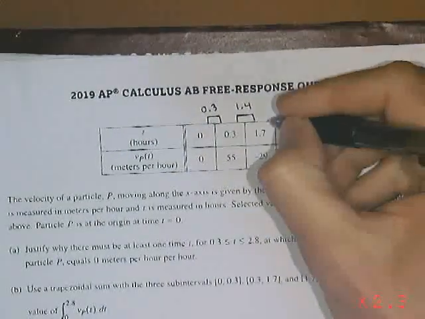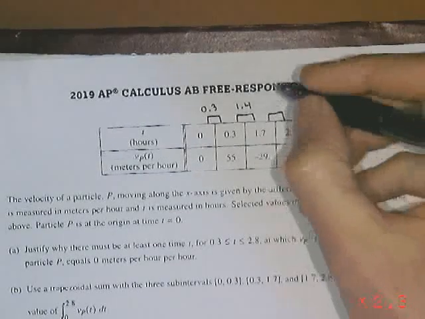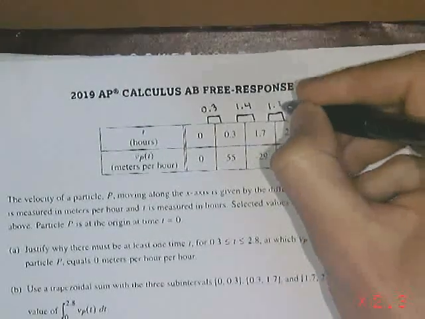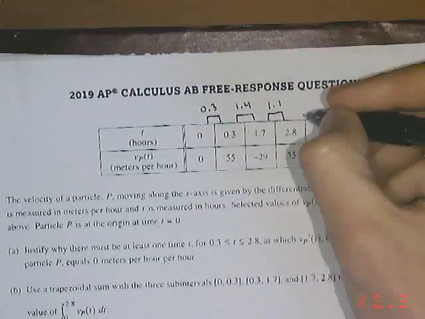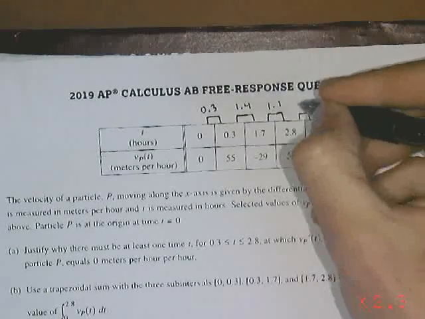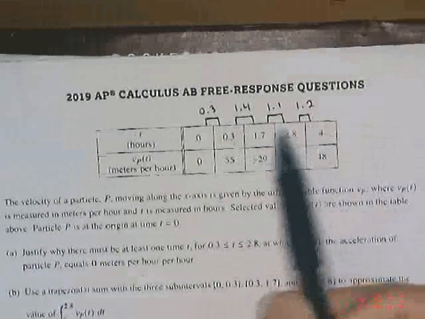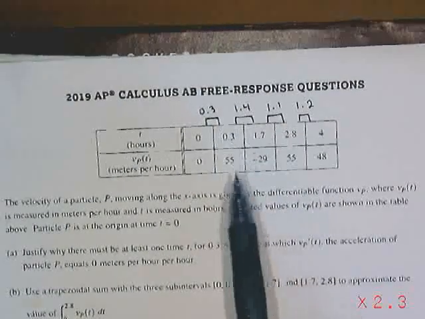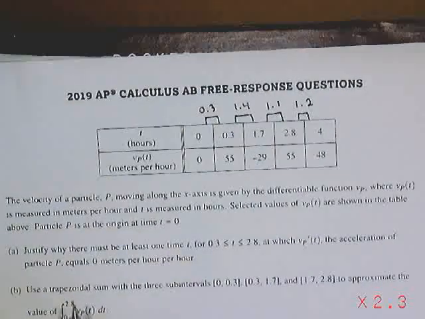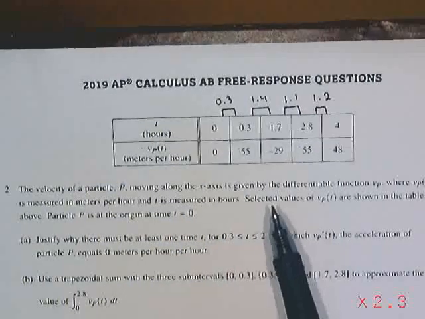From 1.7 to 2.8, 1.8, and from 2.8 to 4 is an interval of 1.2. We have an inkling that if we've got a chart, they're probably going to ask us to do some sort of sum, but we will return to that.